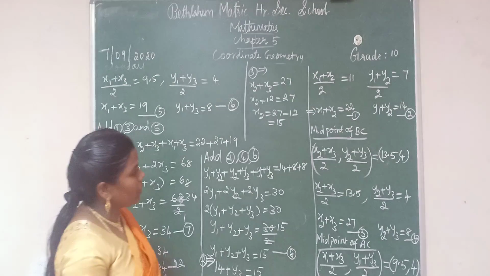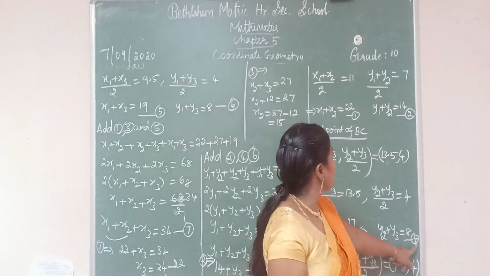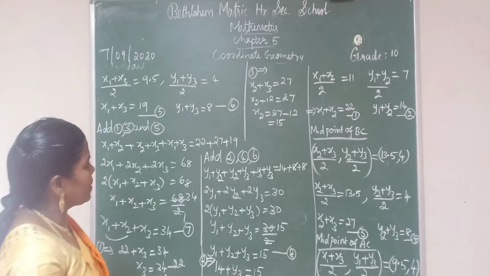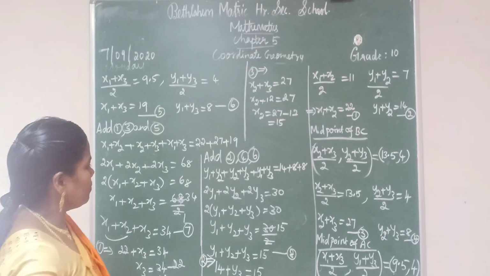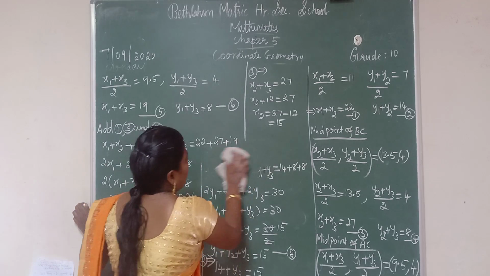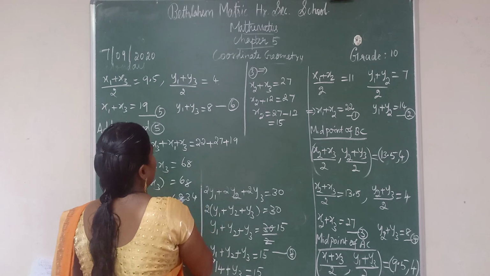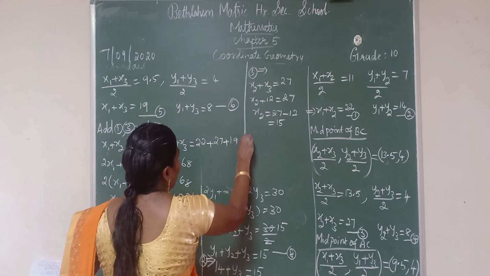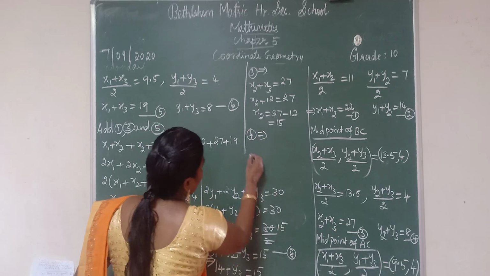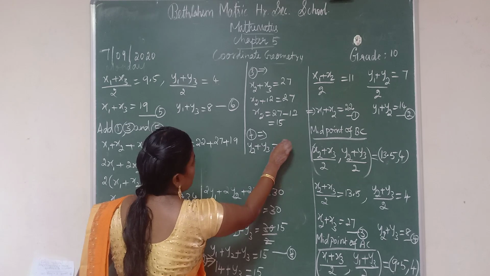The same way, to get y2, take the equation number 4. What is the equation 4? y2 plus y3 is equal to 8.